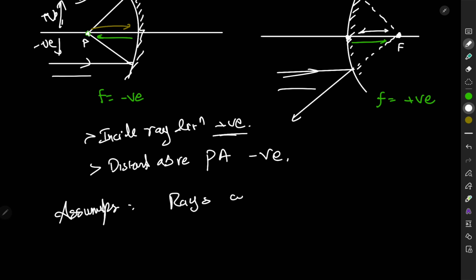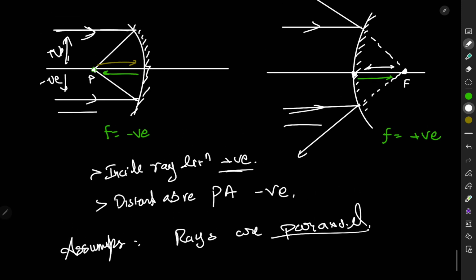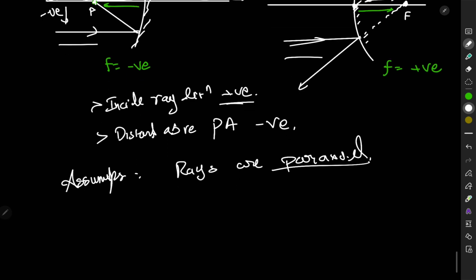So what is paraxial? The rays are literally near to the principal axis. That's what we mean by paraxial. Mirrors are small. Mirrors have small aperture, which means they can take only a small amount of light inside. Fine. Under these two assumptions only we are going to learn all these concepts, so that there won't be any crumbles and jumbles in this chapter.